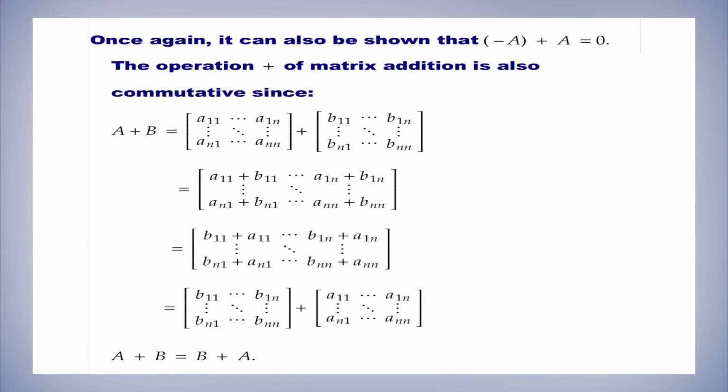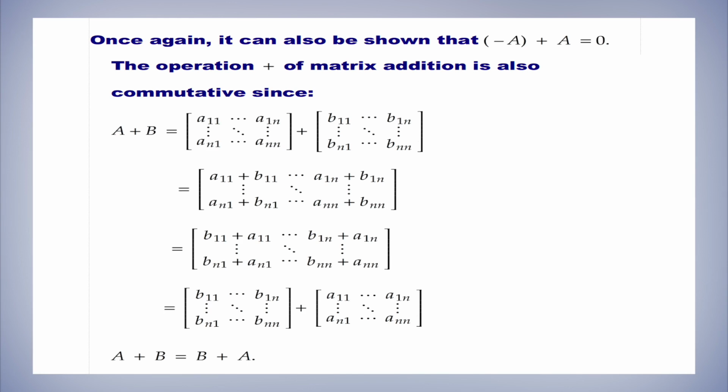The operation plus of matrix addition is also commutative, since A plus B is equal to A11, A12 and so on A1n, like AN1, AN2, AN3 and so on ANN, and again the matrix B plus B11, B12 and so on B1n, like Bn1, Bn2 and so on Bnn.